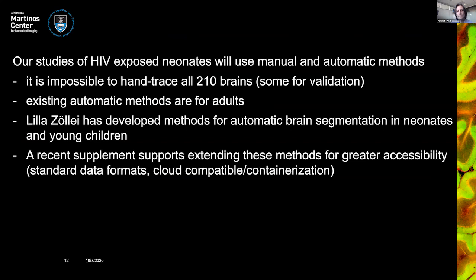The trouble is that the existing automatic methods are for adult brains. So Lila Zöllei has developed methods for automatically segmenting the brain in neonates and young children, which is a challenging problem because the brain is changing so fast. So she has to develop atlases for different time points, and she'll talk about this in a couple of minutes.